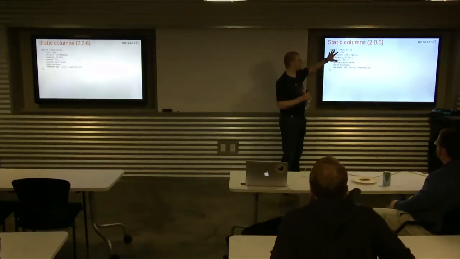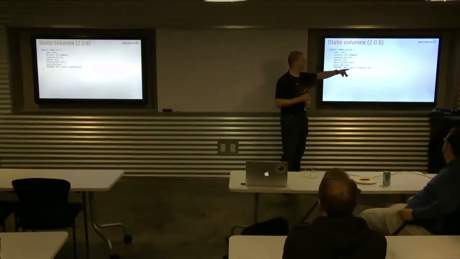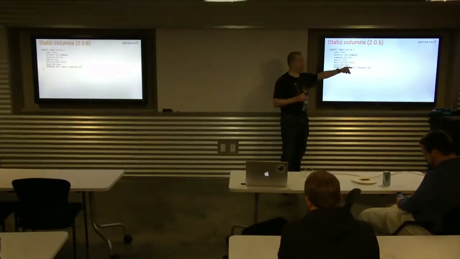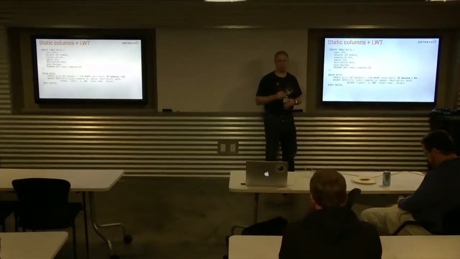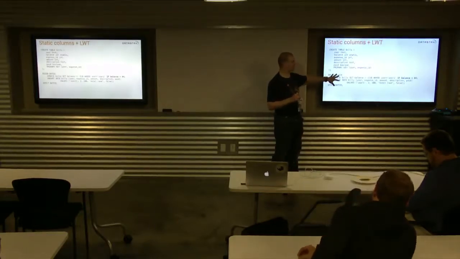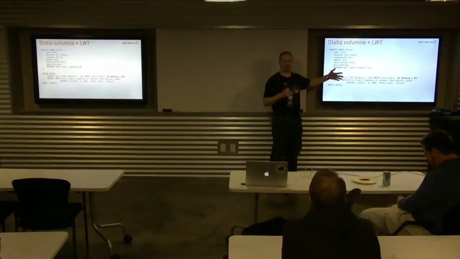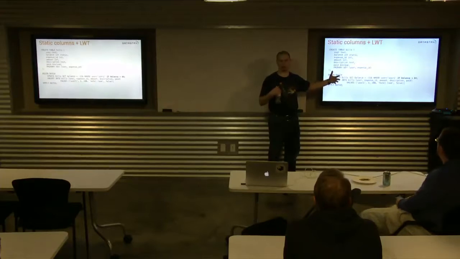So in this case, I have a table of bills. My partition key is the user ID. And so the balance is going to be shared across all the rows for that user. So what I can do is have a lightweight transaction that spans multiple operations within a batch.